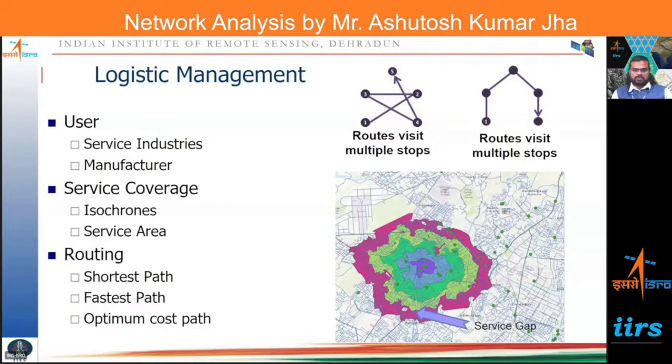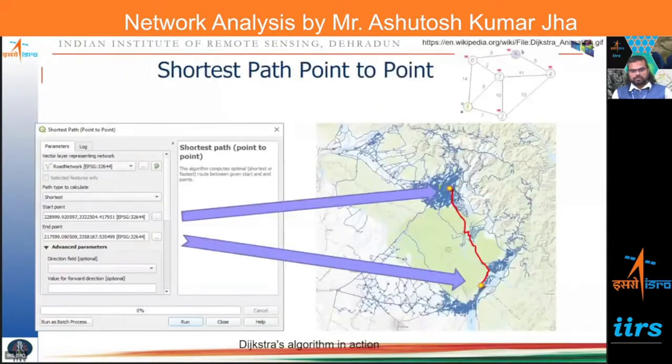Those kinds of things are also called isochrone service areas. It can also help us to find out service gaps. Even though physically we may see that the service is available, inside the network there are a few portions which are still out of reach. Such kinds of things can be carried out.